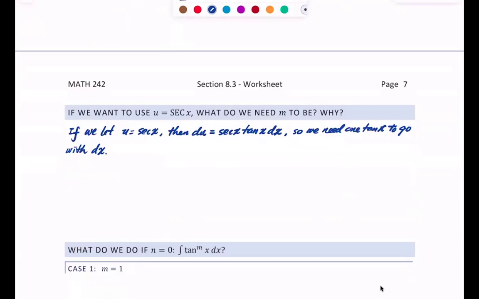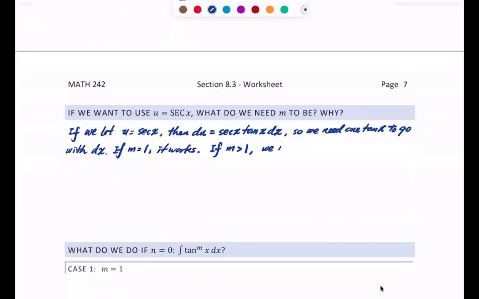But what if, so let's write down, if m is 1, it works. So what if m is greater than 1? We have leftover tangent, all right?